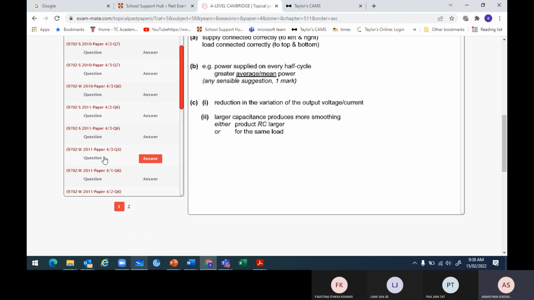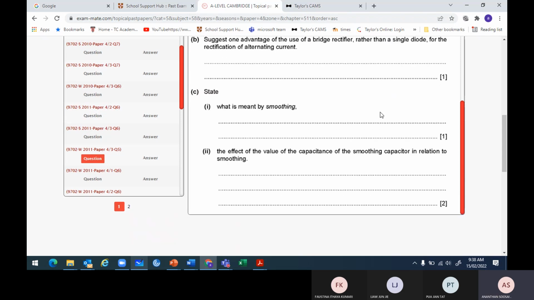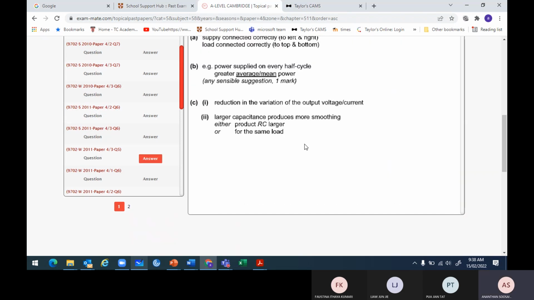Okay, so we go to the last question. Last question is what? State the effect of the value of the smoothing capacitor in relation to smoothing. So you know this, right? The greater the C, because C is inversely proportional to the potential drop, the less the potential drop. So more capacitance produces more smoothing for the same load.